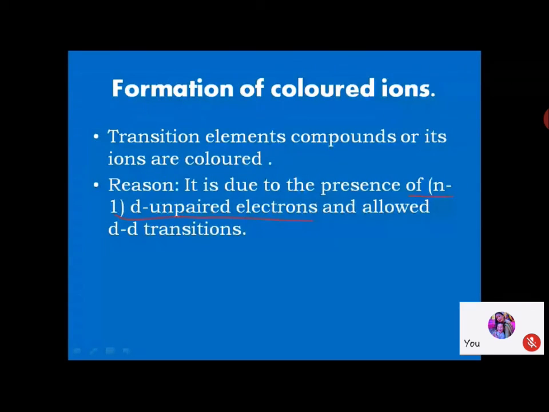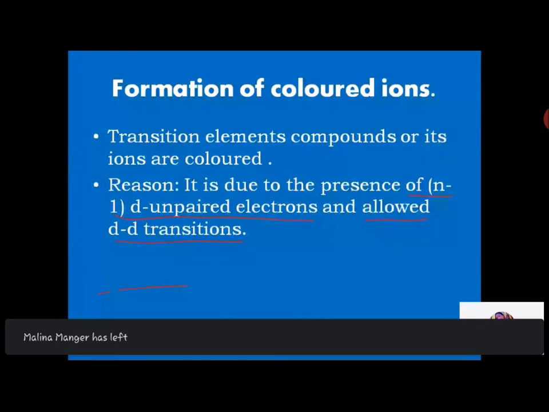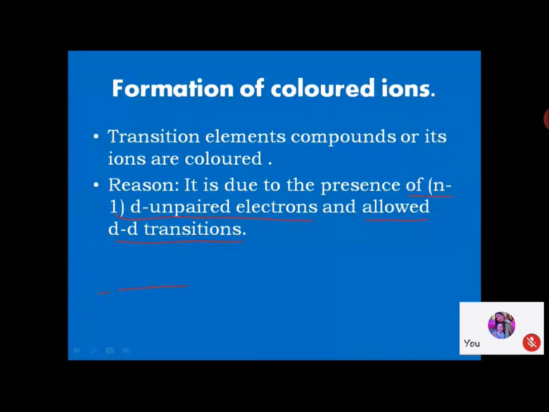Unpaired electrons, and one more thing: an allowed d-d transition must also occur, then only the compound becomes colored. As I said earlier, the d orbitals split when it forms complexes or in coordination compounds. The energies are not the same, but split into two sets: one is t2g and another is eg. Right?